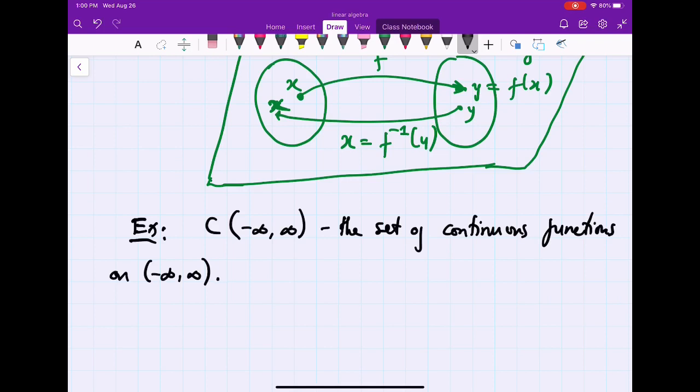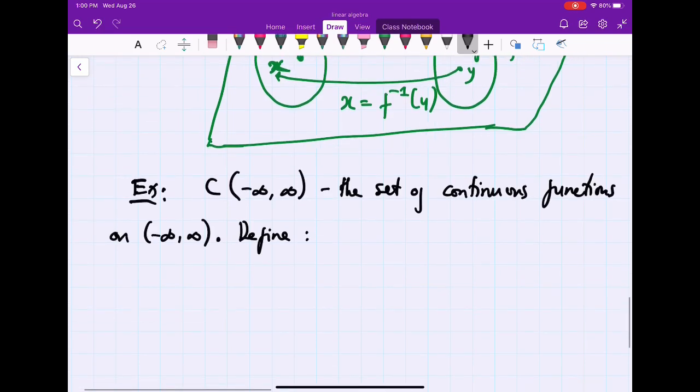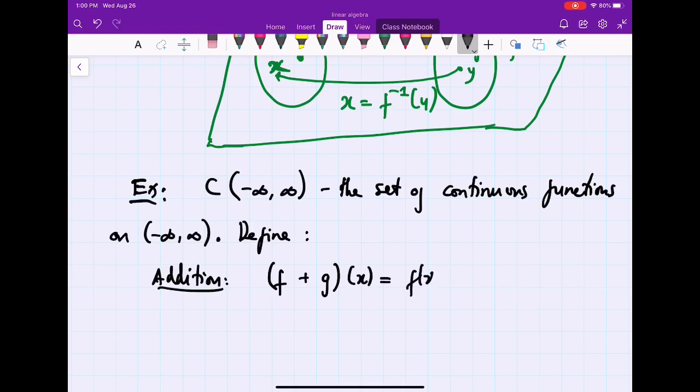Okay, and let's define the following addition. And this addition also is the standard one, right? So for f and g in the set, (f plus g)(x) equals f(x) plus g(x).